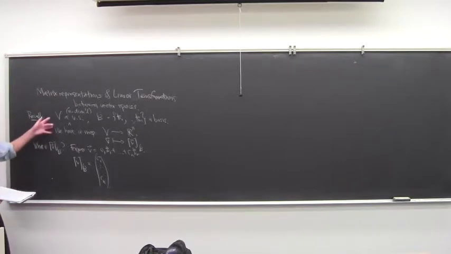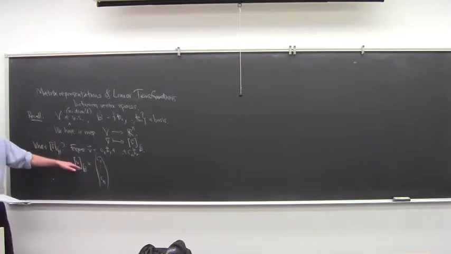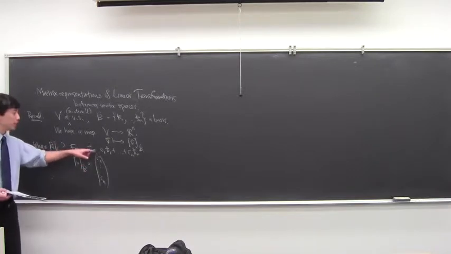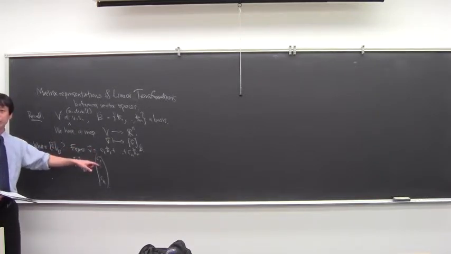And we commented last time that this map is an isomorphism. It's a linear map, it's one-to-one, and it's onto.